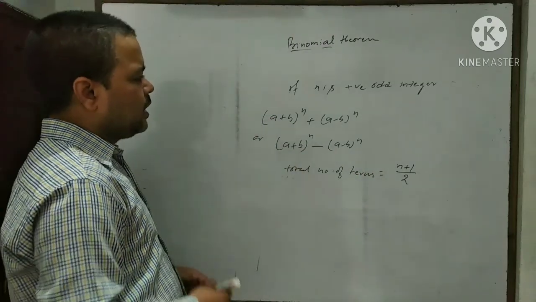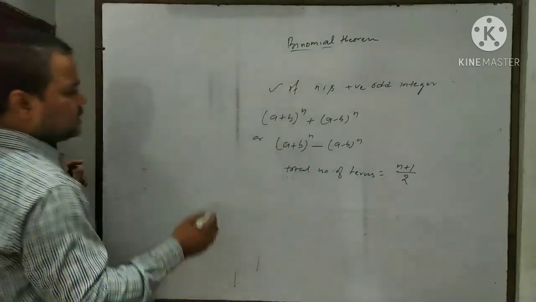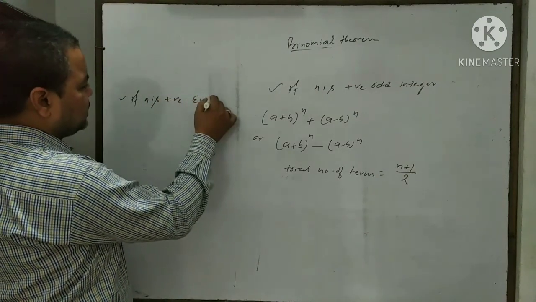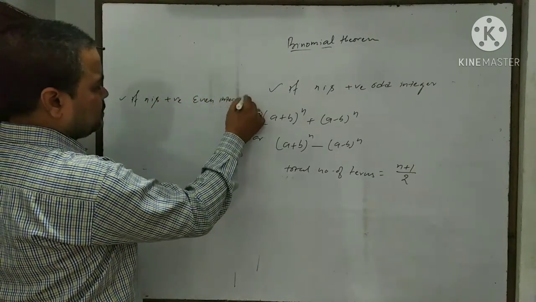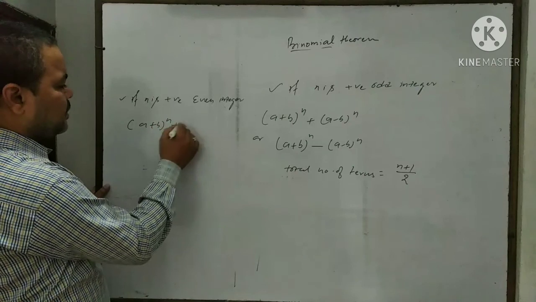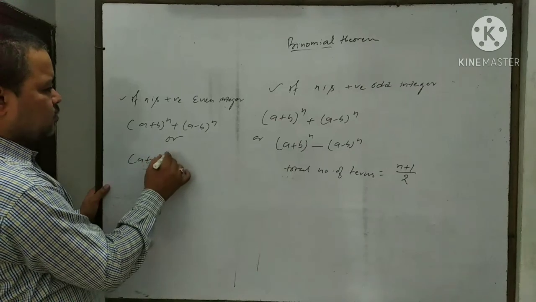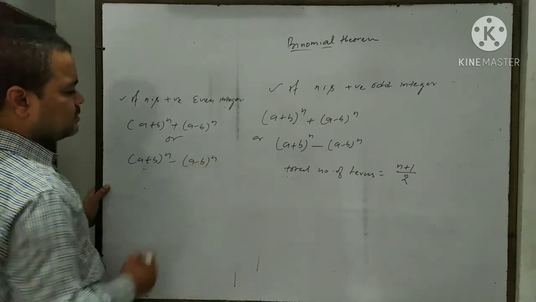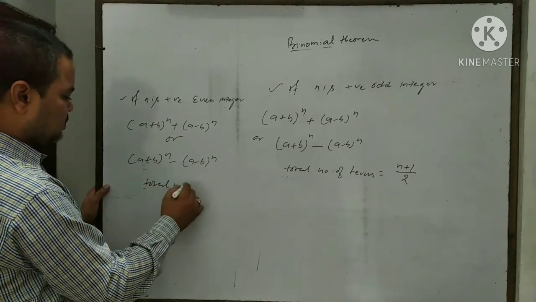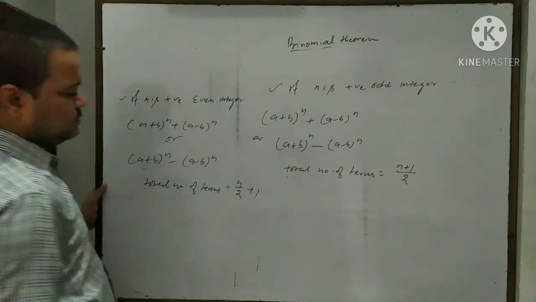Similarly, the second case I am going to discuss: if n is a positive even integer, in that case (a plus b) raised to the power n plus (a minus b) raised to the power n, or (a plus b) raised to the power n minus (a minus b) raised to the power n, in both situations the total number of terms is equal to n by 2 plus 1.